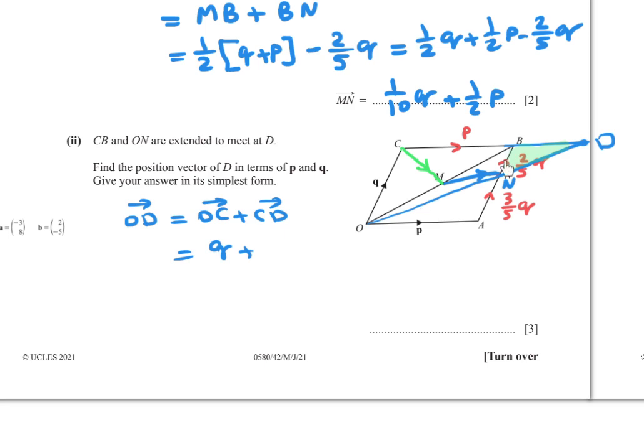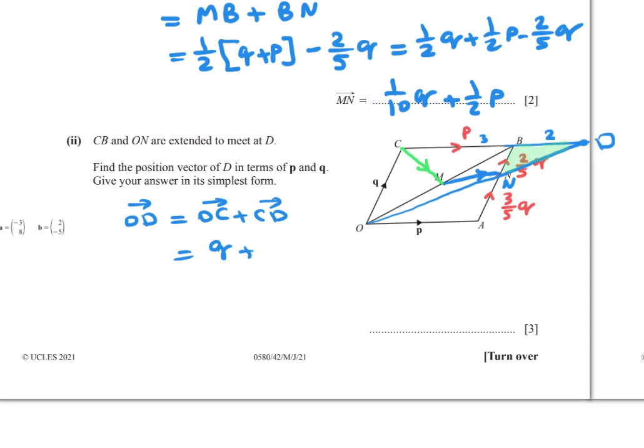The ratio between this side and that one, because this side is 2 over 5, so the ratio is 2 to 5. So the ratio between DB and DC is 2 to 5. So these 2 parts, and DC 5 parts, so 5 minus 2 equals 3. So these 3 parts. So the ratio between DB to BC is 2 to 3.